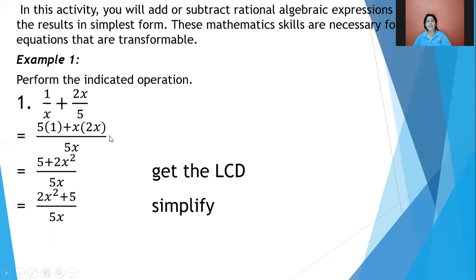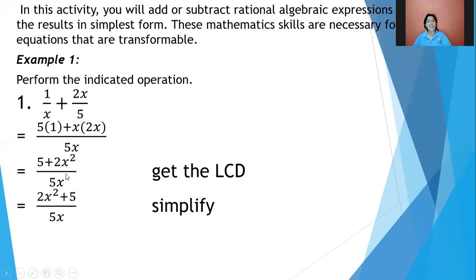x times 2x. Again, we have 5 times 1 is equal to 5, plus x times 2x is equal to 2x squared. Bring down 5x. Then simplify.